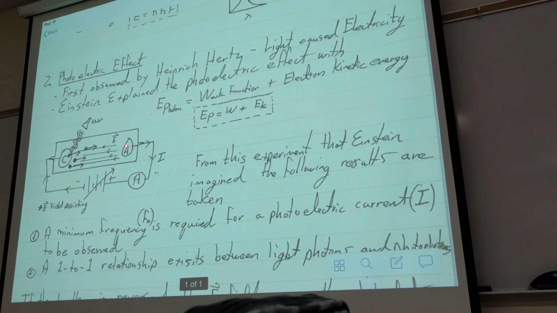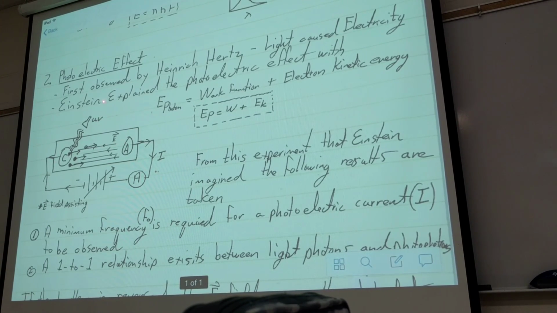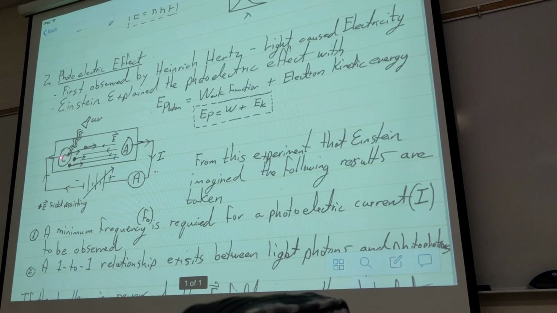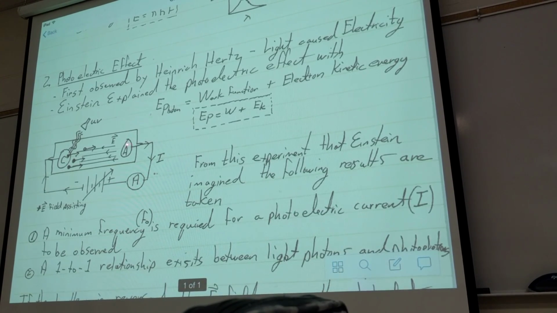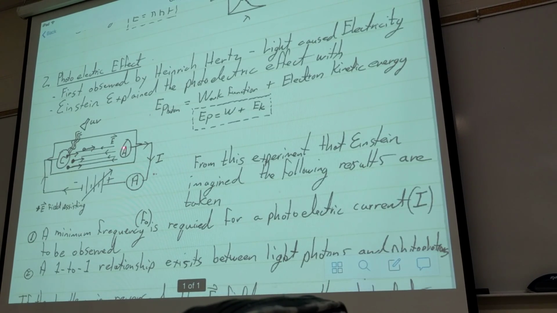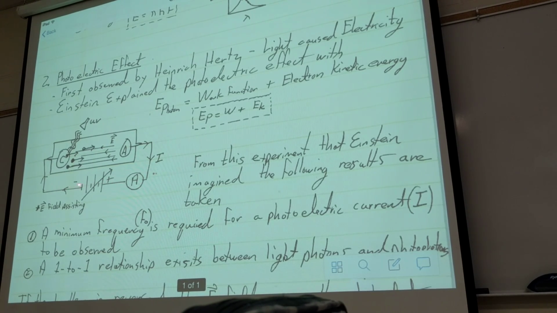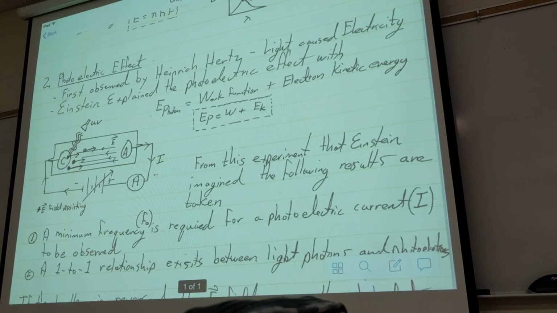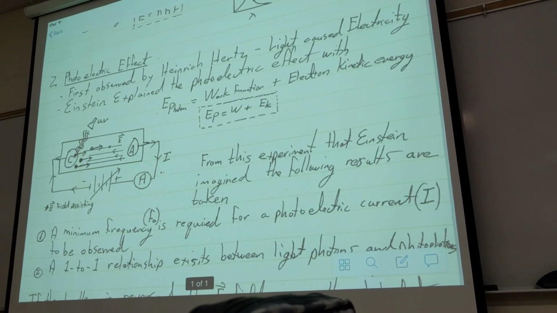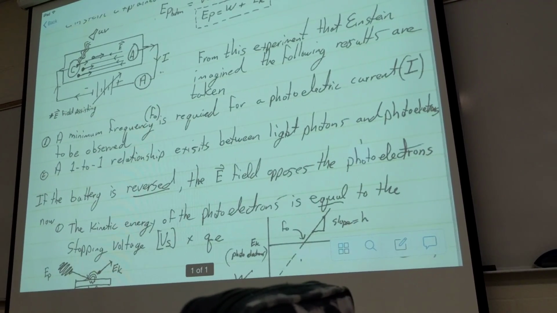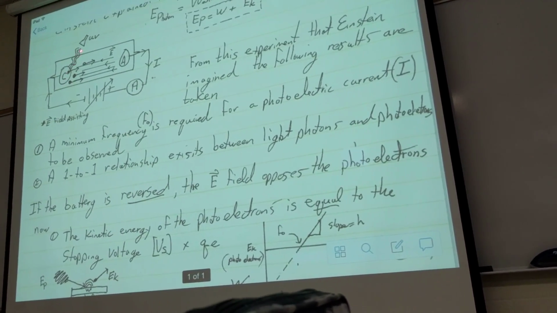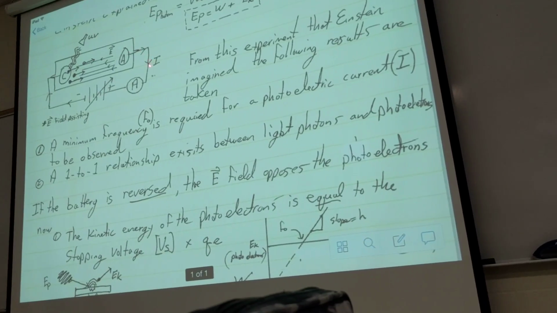So you've got your two metal electrodes, and you shine ultraviolet light on one of them, that becomes our cathode. The anode is the one that accepts the photoelectrons once emitted, measured by the ammeter, and the battery is there to generate a field, assisting or repelling those charges. So from this experiment, Einstein saw that a minimum frequency of light is required to make the thing work.